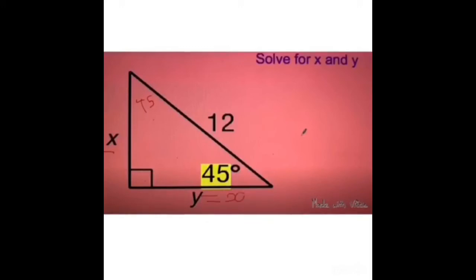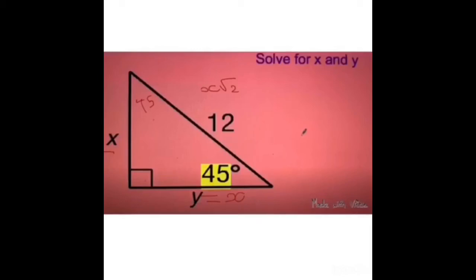Okay, so the one across 90 is going to be x root 2. So now that I have two labels for my hypotenuse, I have it as 12 and I have it as x root 2. I can use these two to find x and y.